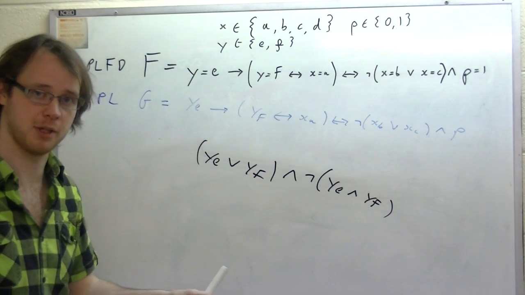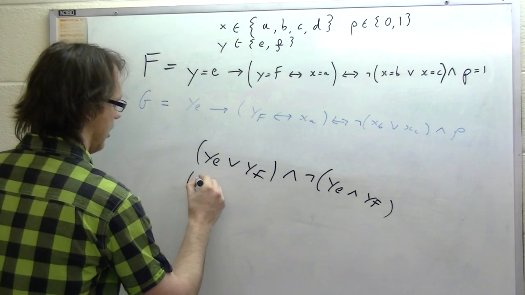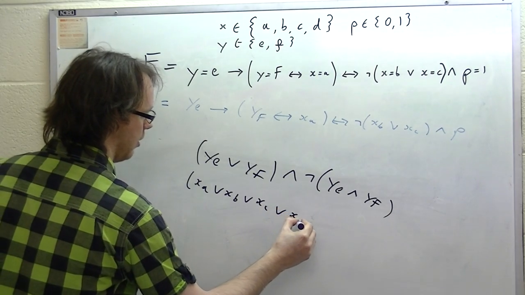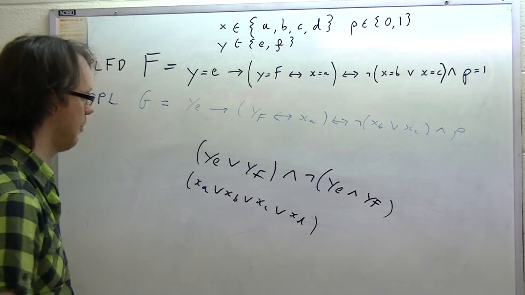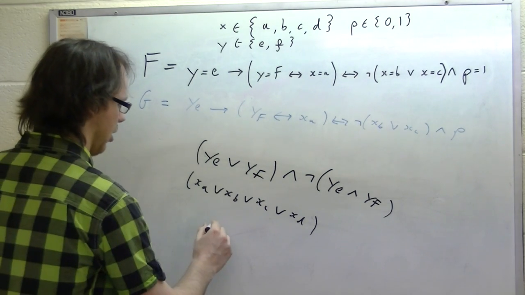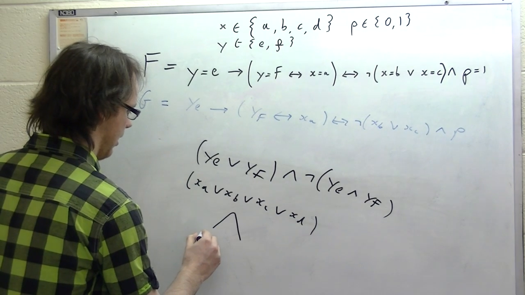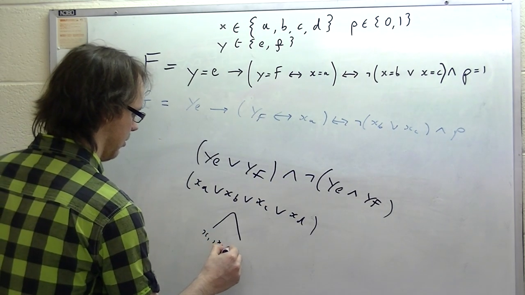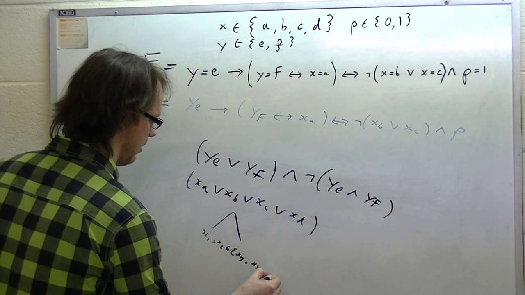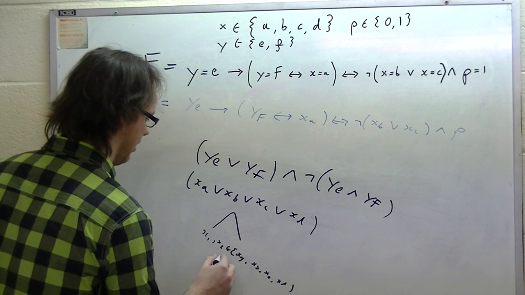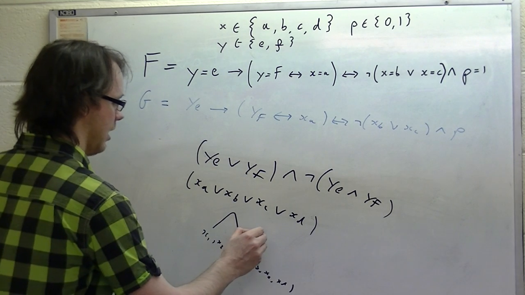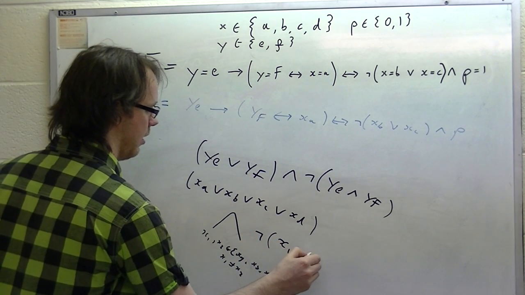For x, it's pretty much the same, but a bit more complicated. So x has to be one of these things. And then we've got a whole load of formulas about x: for all x1, x2 in xa, xb, xc, xd, such that x1 is not equal to x2, and that bit's important, it's not the case that x1 and x2.